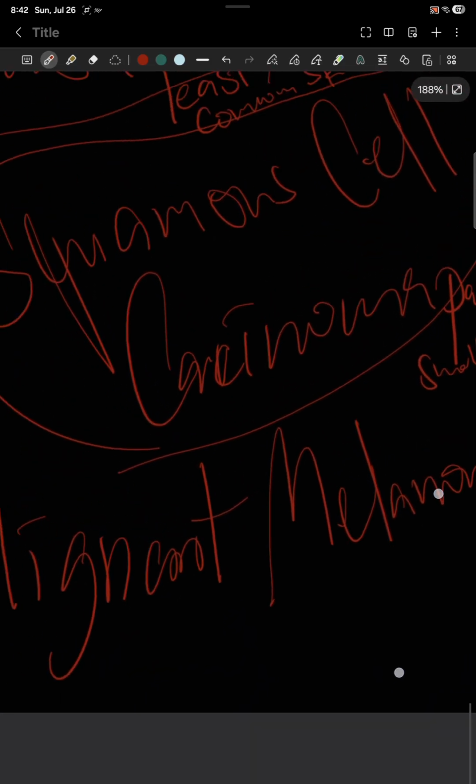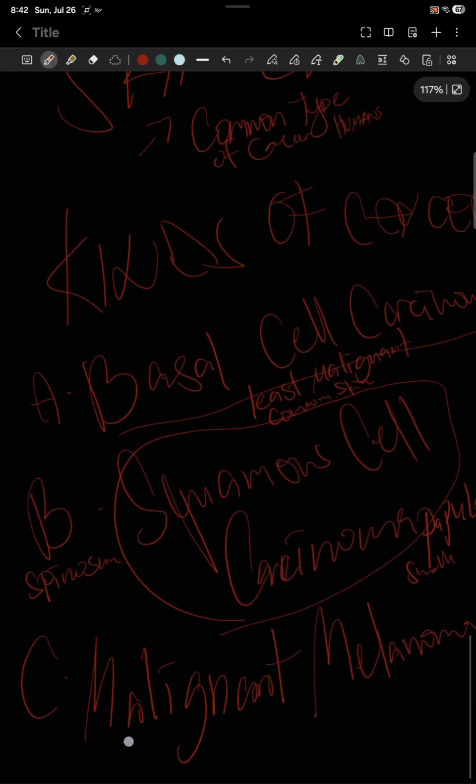So we are now going to malignant melanoma. Malignant melanoma is a cancer of melanocytes, which are the cells that produce melanin.